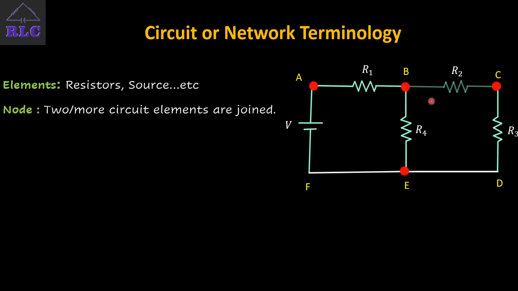Similarly, at B, three elements are connected. C is a node, where two elements are connected. And I am going to take D, E, F as the common point E. So E is a node where three elements are connected. So A, B, C and E are the nodes.